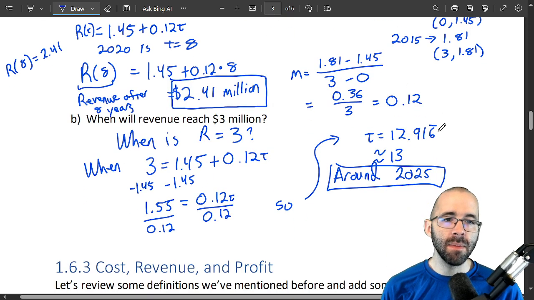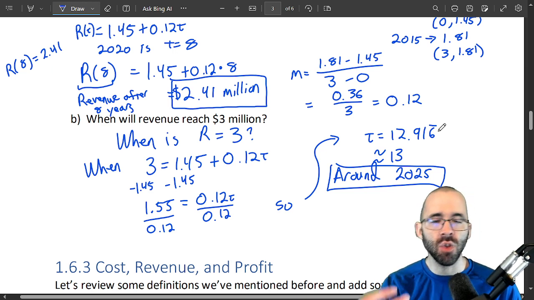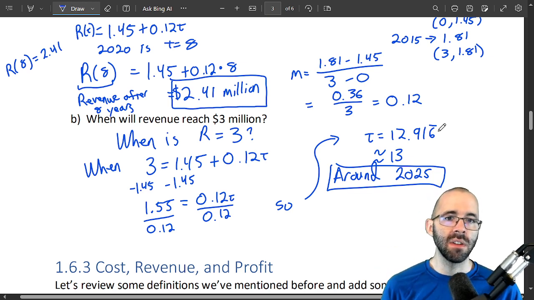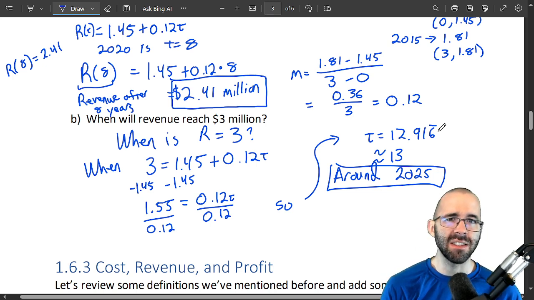And again, the problem-solving strategy says to answer in complete sentences where it makes sense. But here, right, if the question is, when will the revenue reach $3 million? An answer of around 2025 really makes sense. That directly answers the question. I don't think you necessarily, for my class, need to rephrase the question when putting the answer.